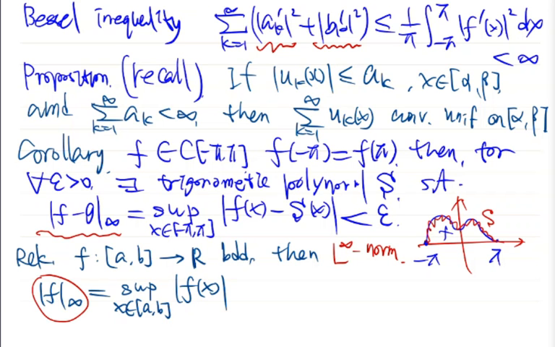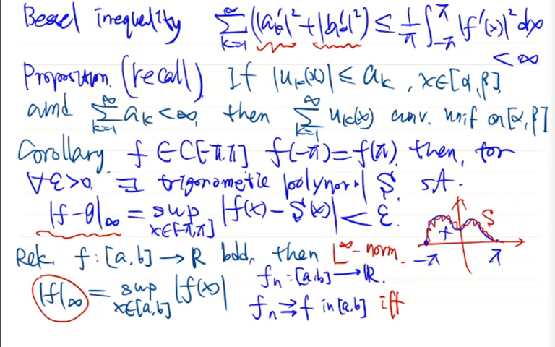is very useful. For example, suppose we have a sequence of functions. Then f_n converges to f uniformly if and only if the L infinity norm of f_n minus f goes to 0.